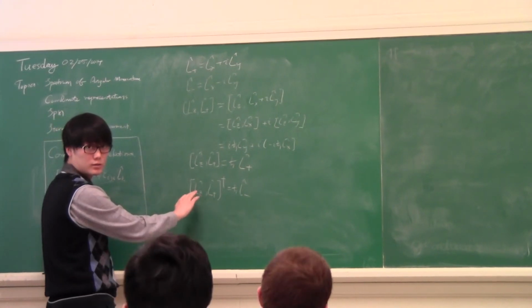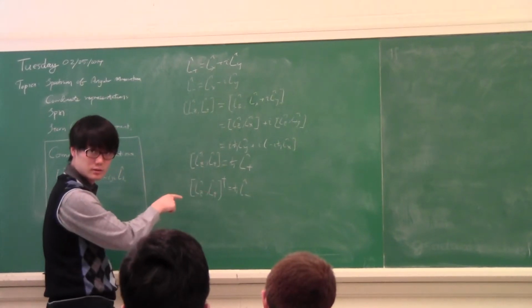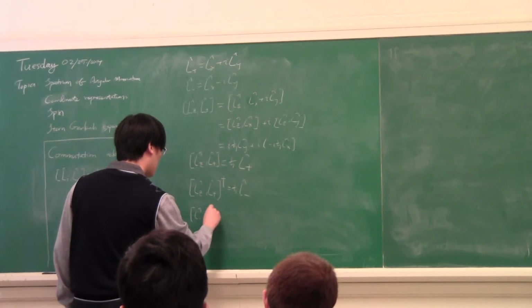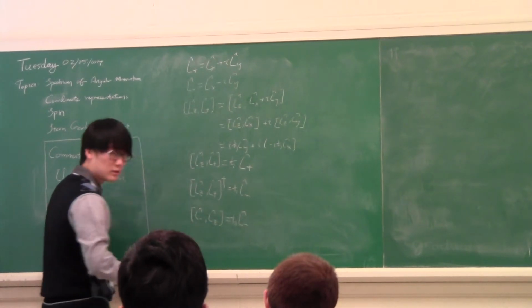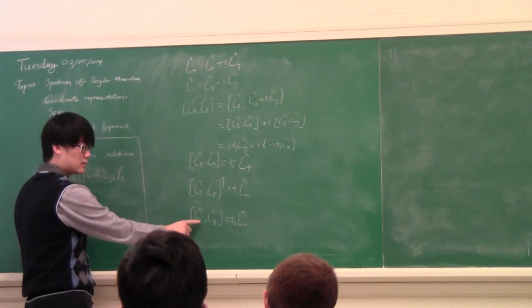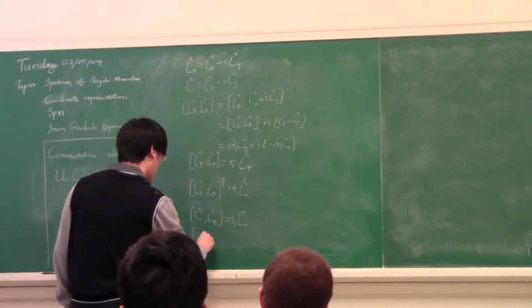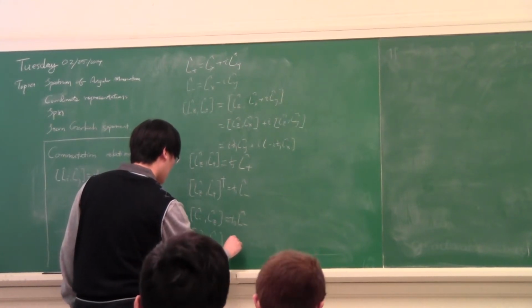You just exchange their order, and then you write the adjoints of each of them, because the commutator is a product. So this is L minus, Lz. And then if we write this in the normal order, placing Lz in the front, we're going to add a minus sign. So Lz commutes with L minus in this manner.